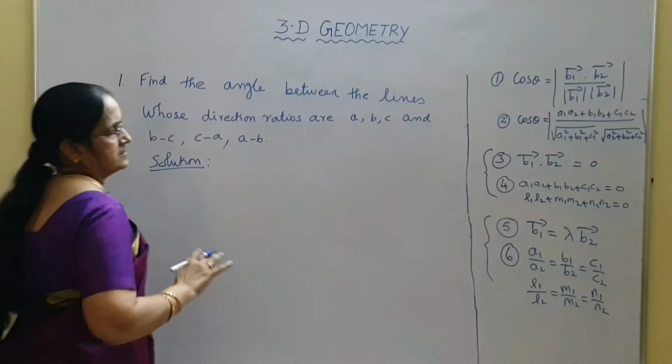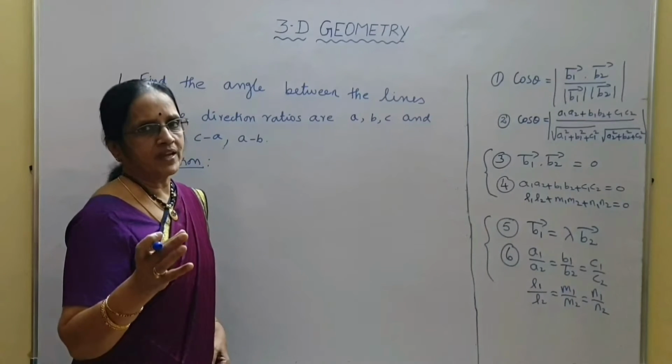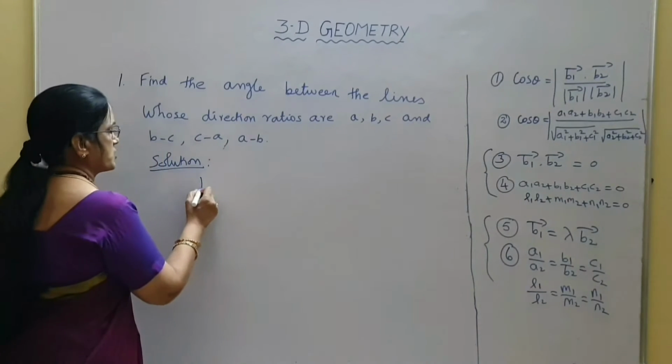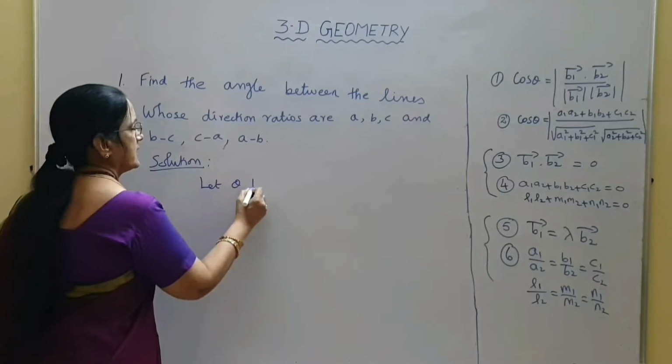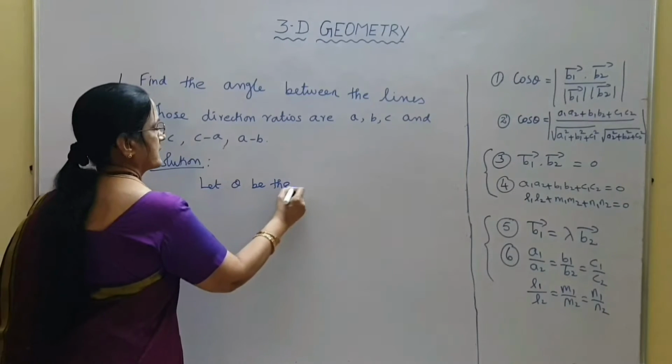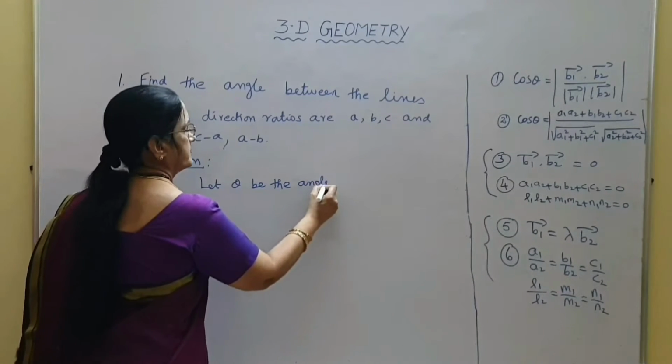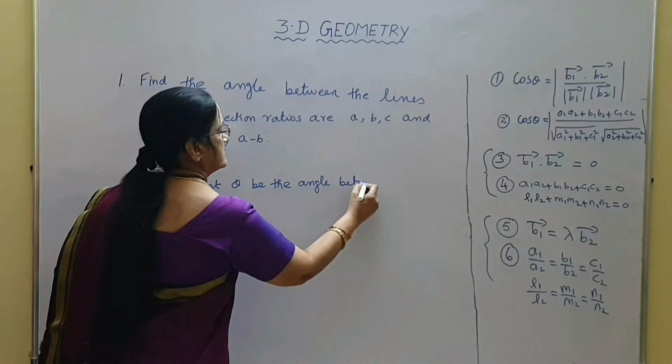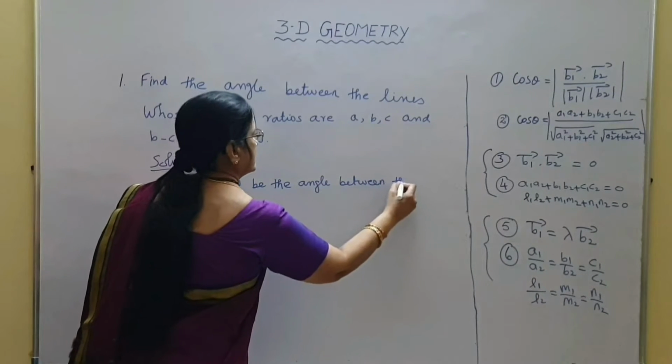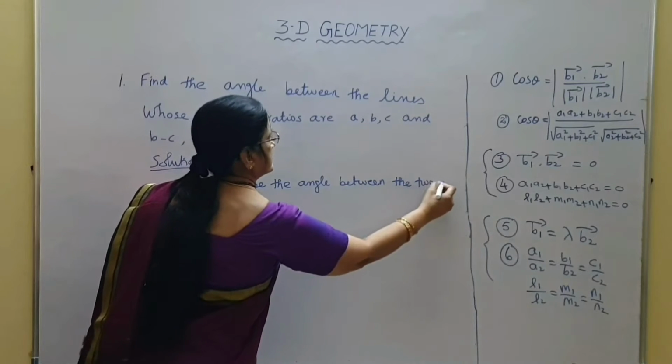You need to find the angle. So let theta be the angle between the two lines. The assumption has to be made. Let theta be the angle between the two lines.